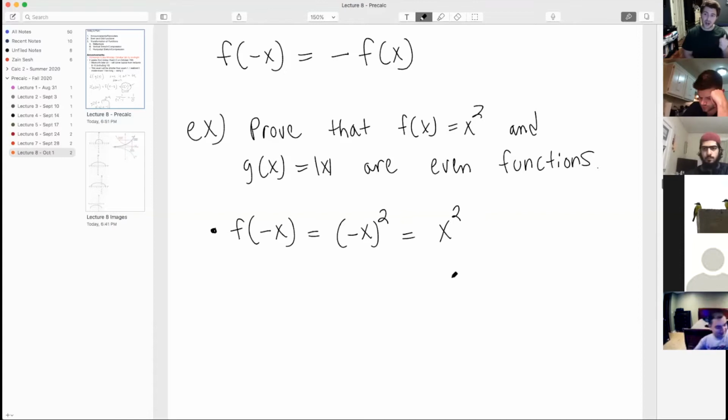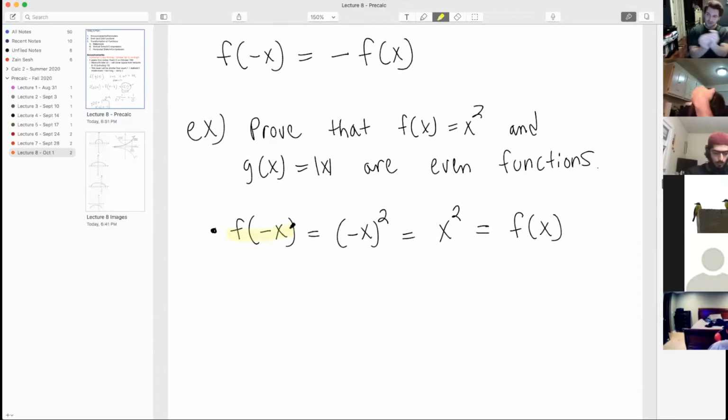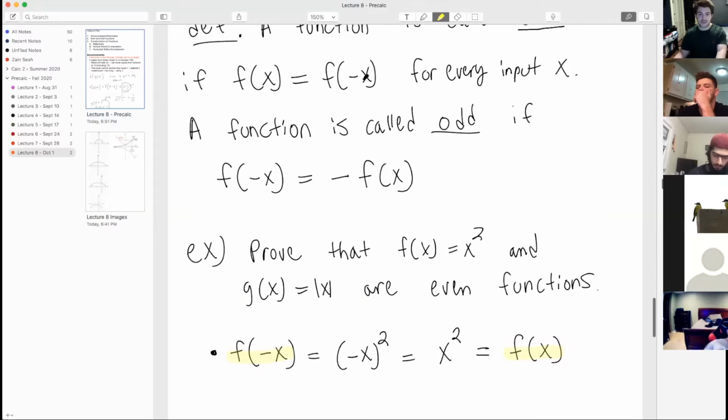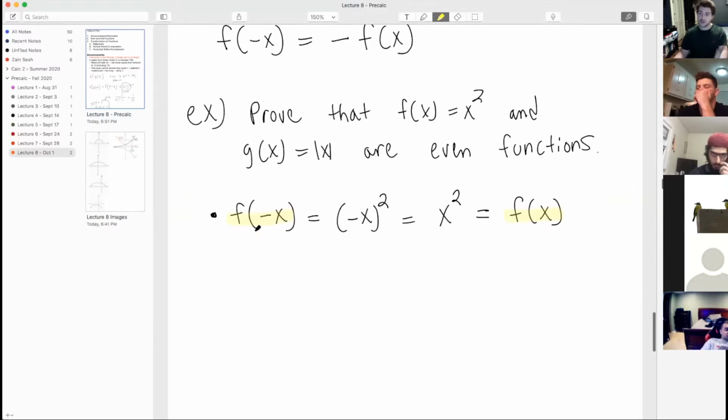Like if I square -2, I get 4, and if I square +2, I also get 4. But look, isn't x squared just the definition of f of x? Yeah. So that's it. We have shown that f of minus x through this chain of equal signs is equal to f of x, which is the definition of even. All right, scroll up. It's even if f of x equals f of minus x, and we have shown that through this chain of equal signs.